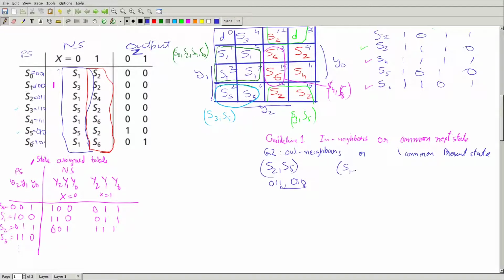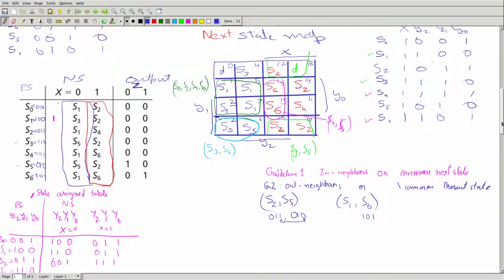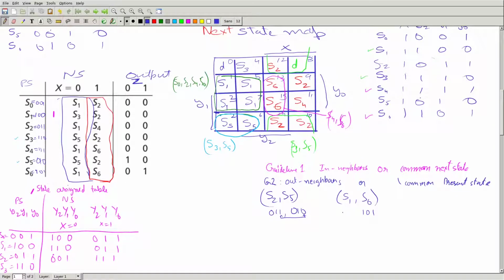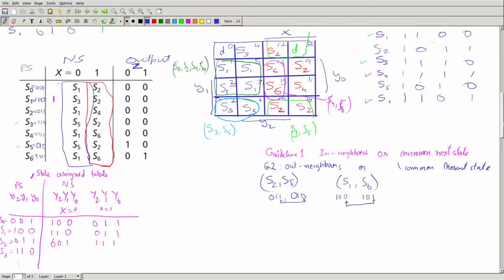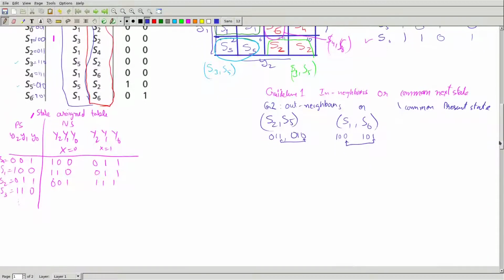And for S1 and S6, our encoding is 101 for S6, and for S1 it's 100. So it differs only by 1 bit. So you can split this next state map into 3 K maps. Let's build them one by one.